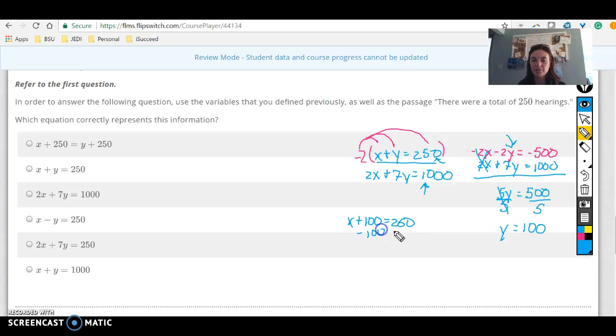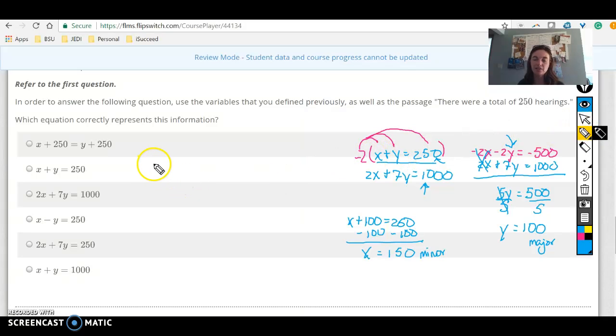Subtract 100 from both sides, and I get that x equals 150. Okay, so basically that is saying 150 minor crimes and 100 major crimes. Cool. That was really easy.